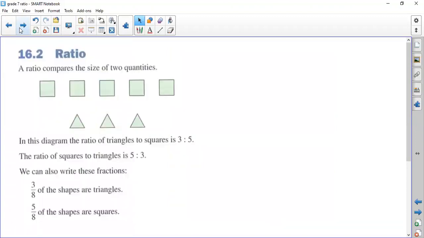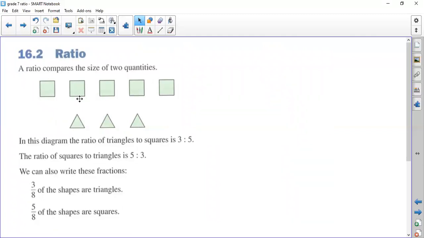Now let's make a revision about the ratio that you have taken in previous classes. So what is a ratio? A ratio compares the size of two quantities. When we say ratio, it means we are comparing the size of two or more quantities.